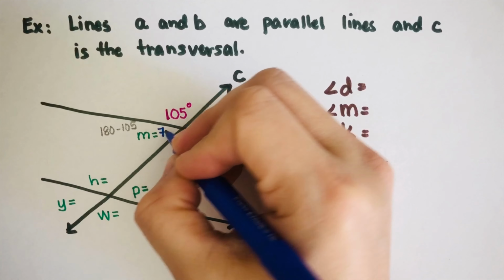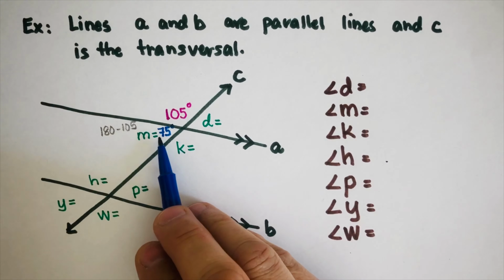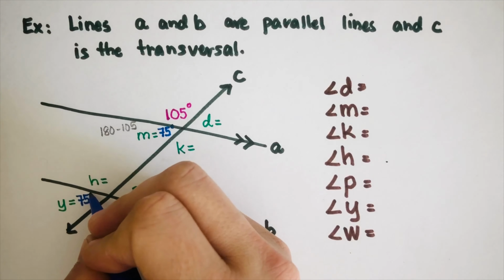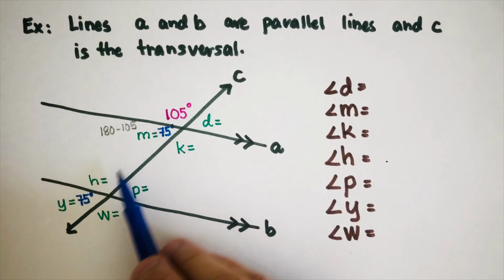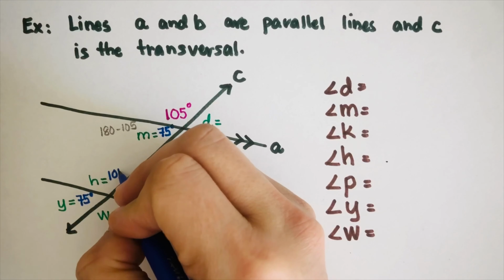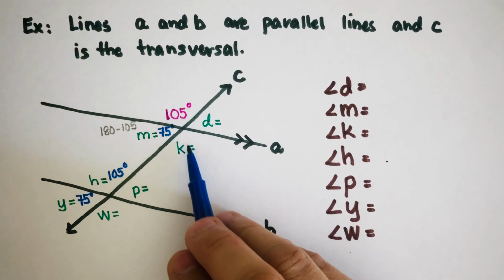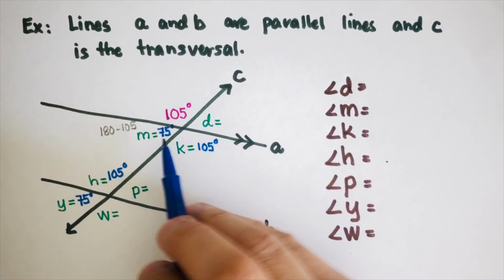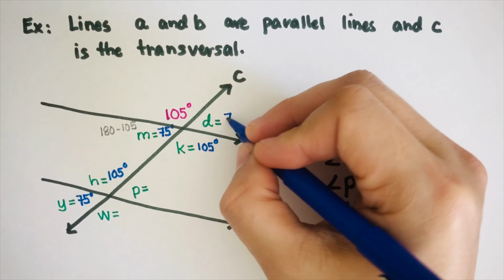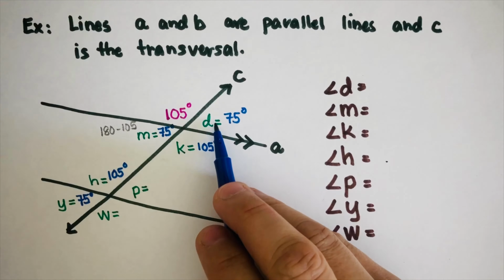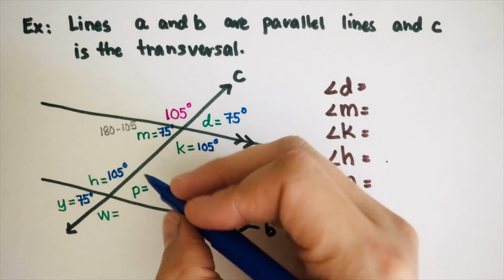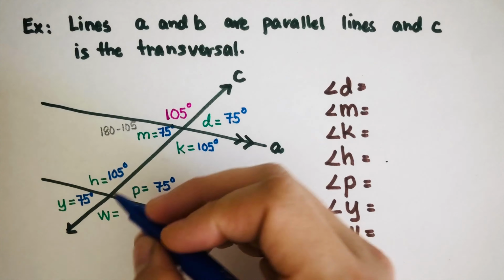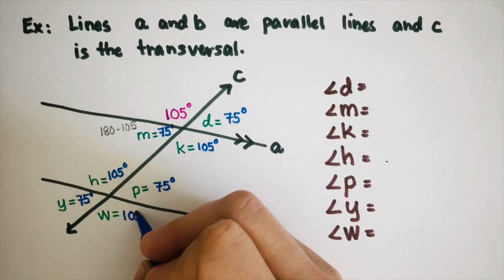So this one right here is 75 degrees, and this one is corresponding, so it is also 75. That's 105, and corresponding to this is 105 degrees. Now these two are vertical, so this is 105 degrees. And then these two are vertical, so this is 75 degrees. And these two are corresponding, so this is 75 degrees. And these two are vertical, so this is 105 degrees.